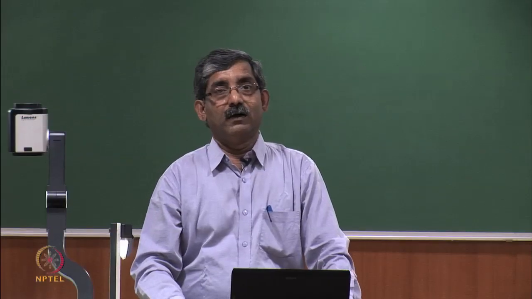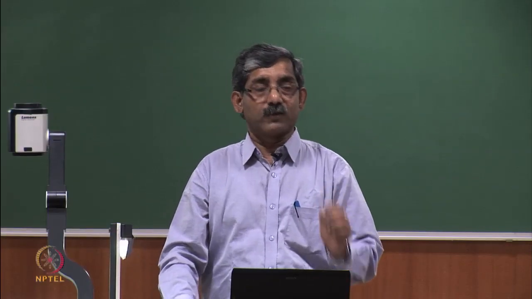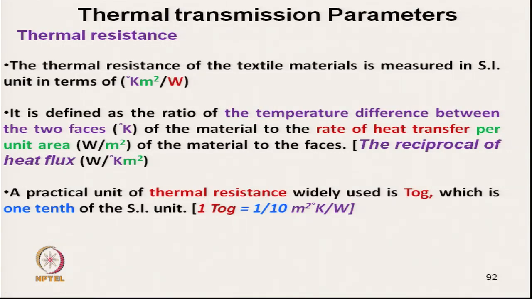Now, a practical unit is also there. The practical unit of thermal resistance which is widely used is the TOG, which is 1/10 of the SI unit. So, 1 TOG is equal to 1/10 square meter degree Kelvin per watt.